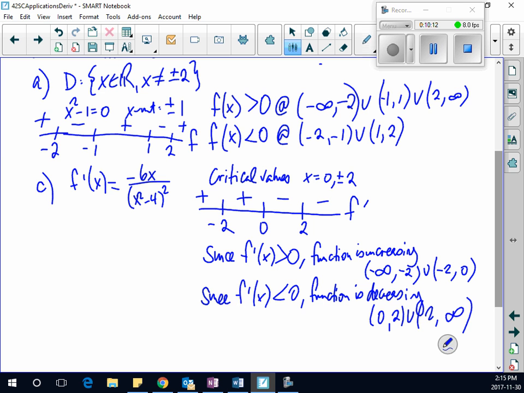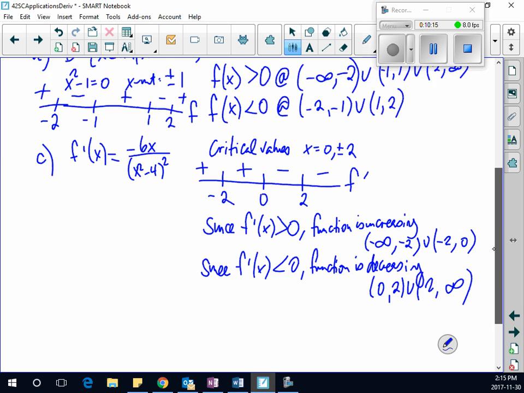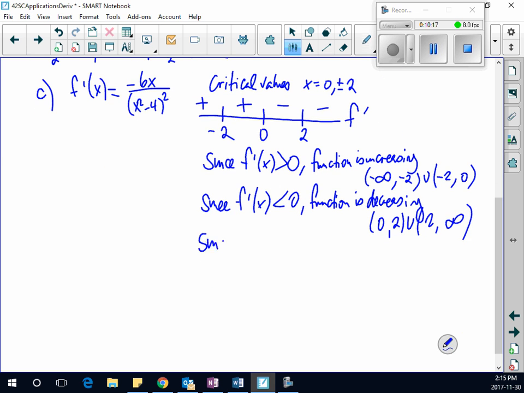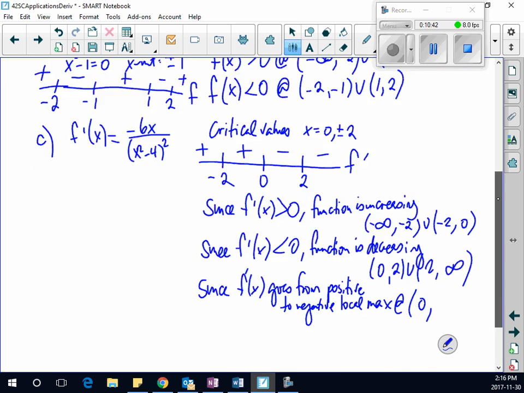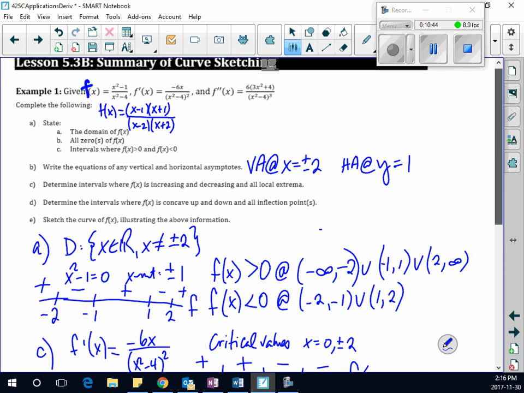Since it changes from positive to negative, so then we're going to say, since f prime of x goes from positive to negative, local max at 0, comma, what? We have to go back to the original, right? So what do we get? 1/4.